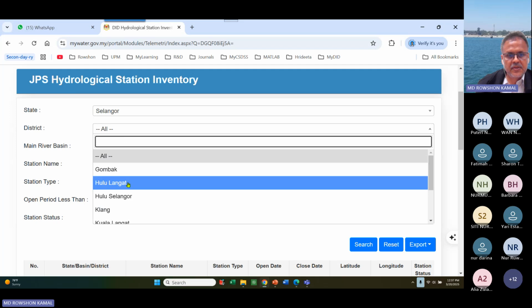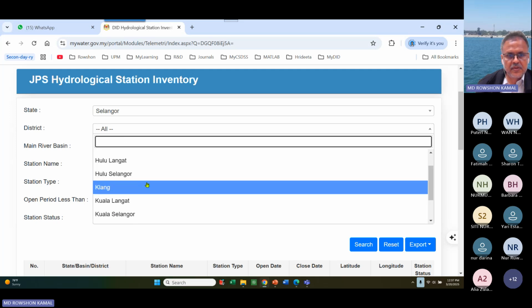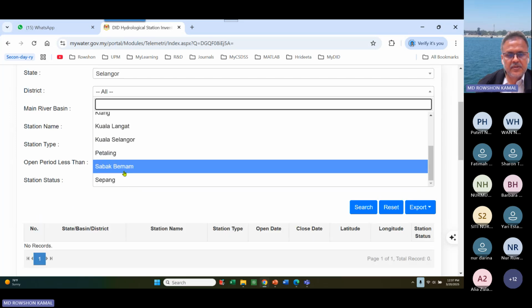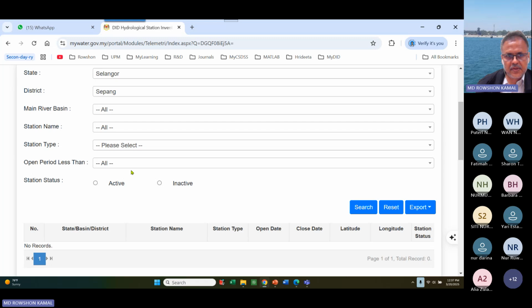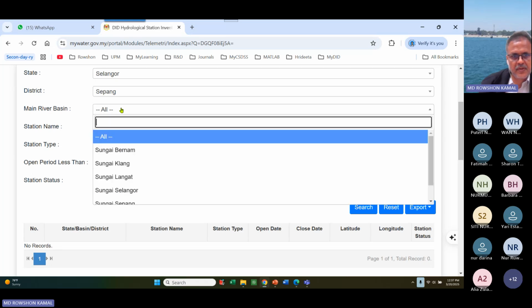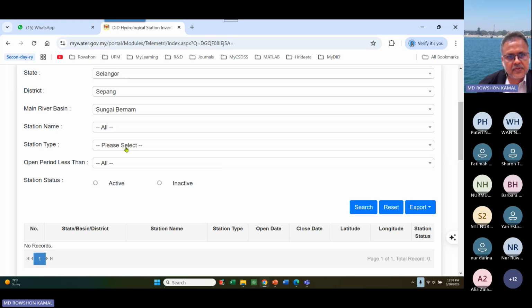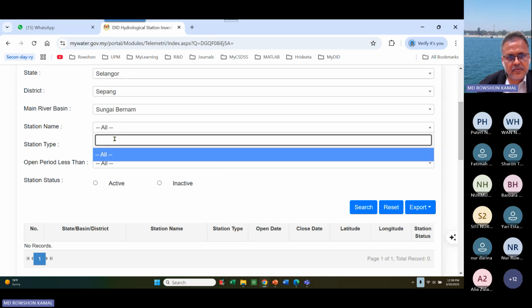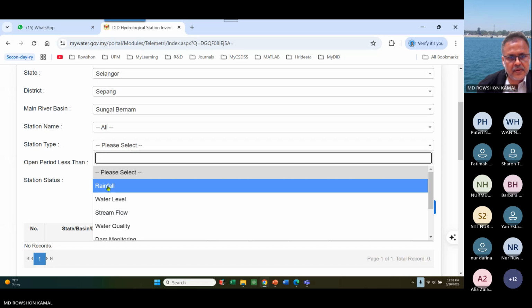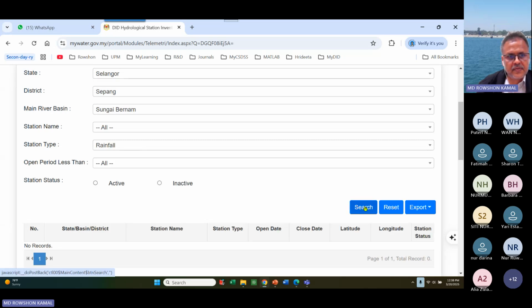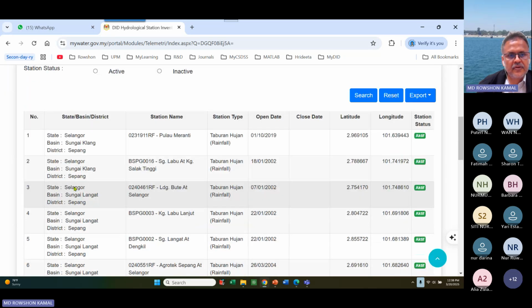Then you choose which district you want to see, let's say Sepang. If you know the station name, you can write it. Let's say rainfall, then search. Then you can see the station names.